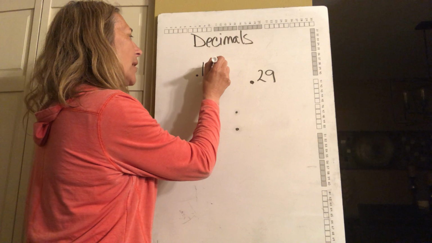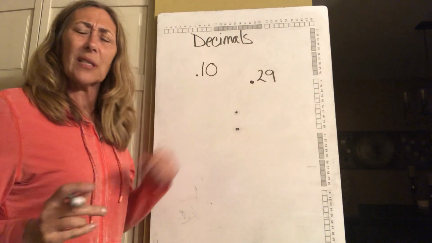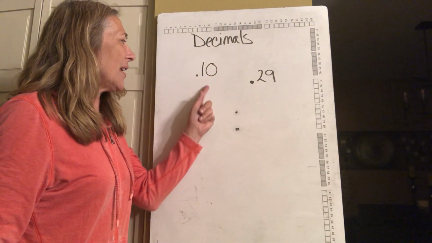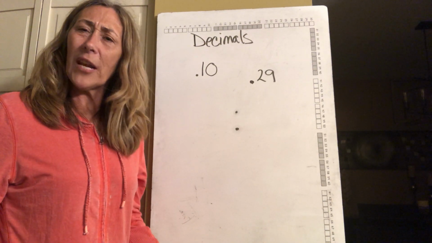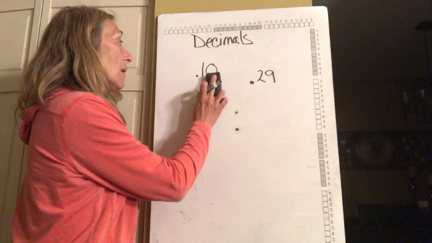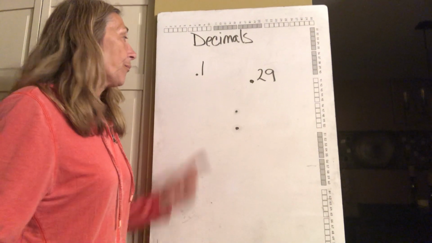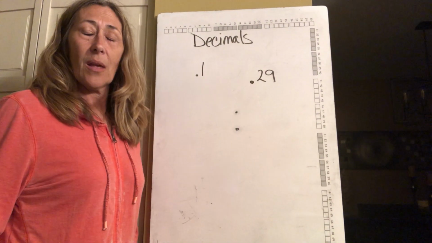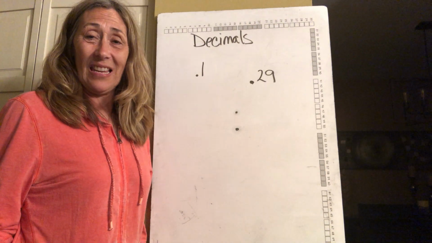Here's my decimal point. And that almost looks like 10 cents, or that is 10 hundredths, or one-tenth.